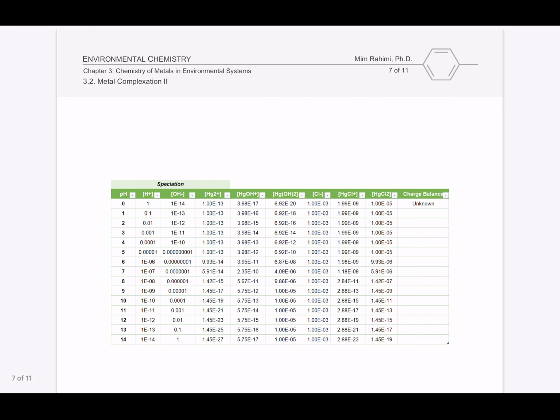So now what we need to do is solve for the concentration of Hg2 plus using equation 11, which is a function of pH.